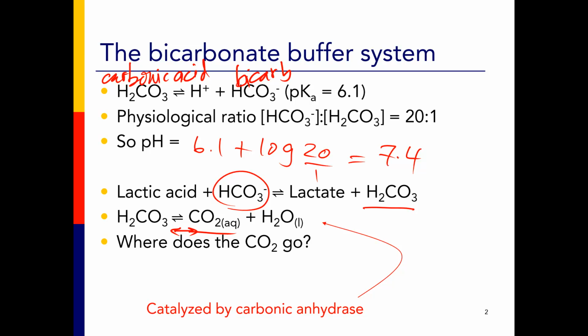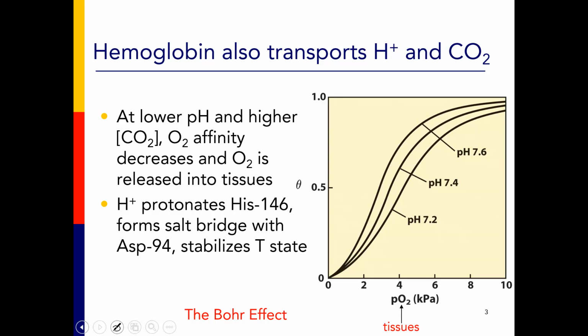Ketoacidosis means we have molecules there that don't belong, and we better deal with it. So often you treat with bicarbonate. That's the bicarbonate buffer system. Questions about that? The details about carbonic anhydrase, you don't need to know. It's mostly just the bicarbonate buffer system that's important at the moment.